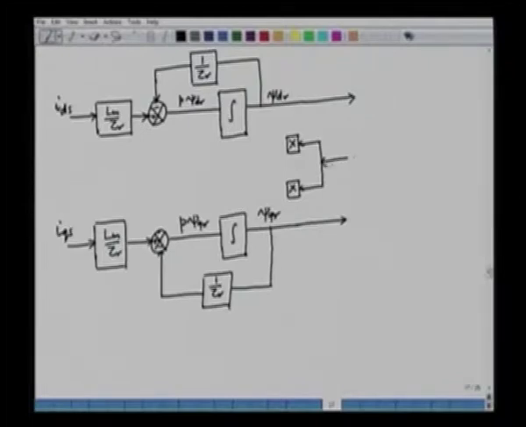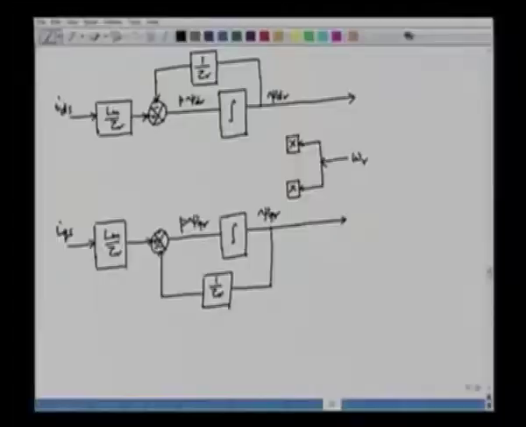The speed can be measured. We can obviously have an encoder to measure the speed. We can have a tacho generator to measure the speed. There are so many speed measuring devices. Encoders are quite common for measuring speed for a vector control drive. So we can use an encoder to find out the speed, and this speed can be fed back here.